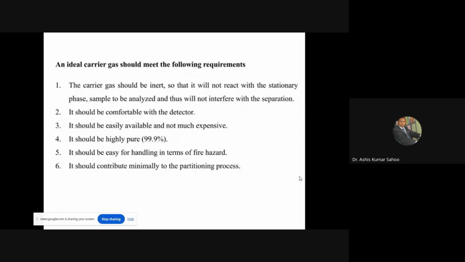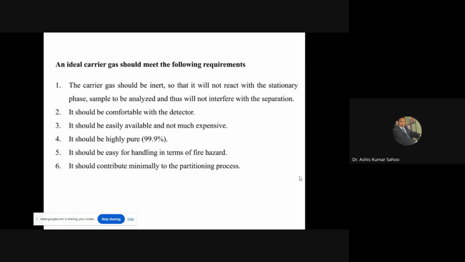An ideal carrier gas should meet the following requirements. It should be inert enough so that it will not react with the sample to be analyzed.